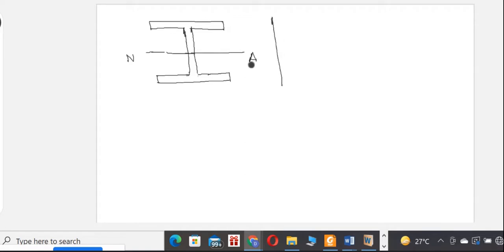So this is the base of the distribution. Now here, let me write down the points. Okay, so this is the neutral axis.